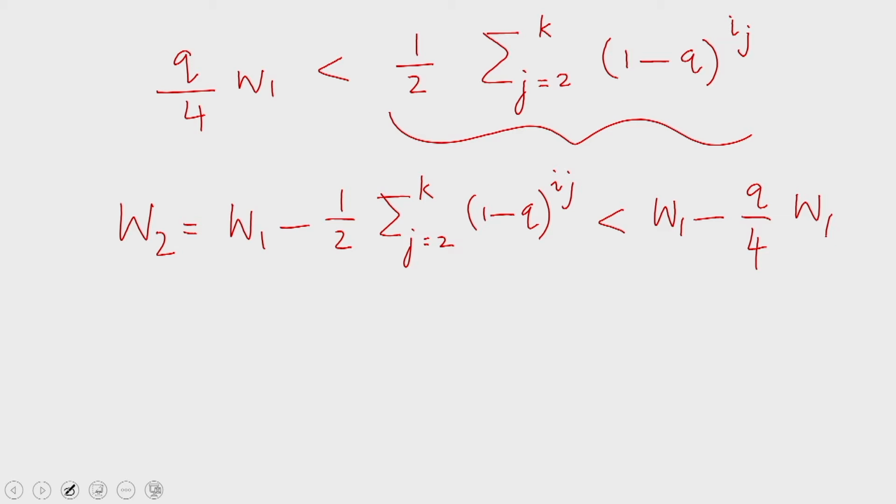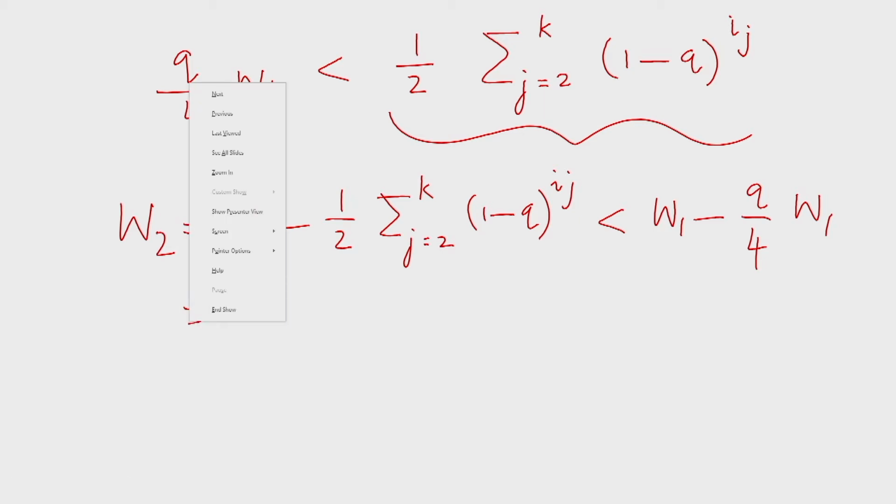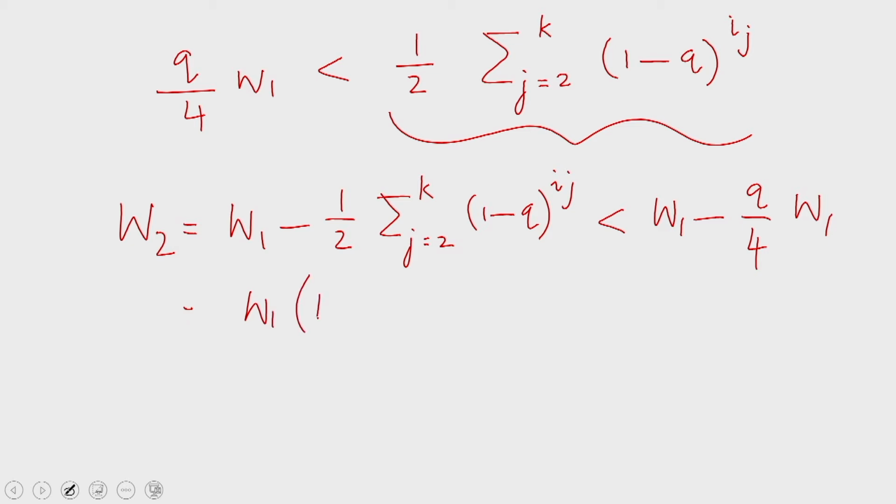Since this is negative here, the inequality turns. Therefore, we have W2 is at most 1 minus q by 4 times W1.